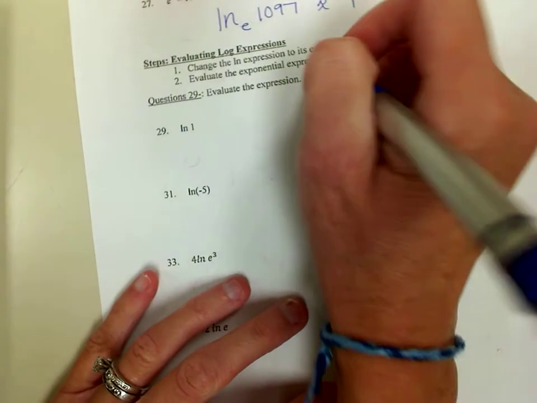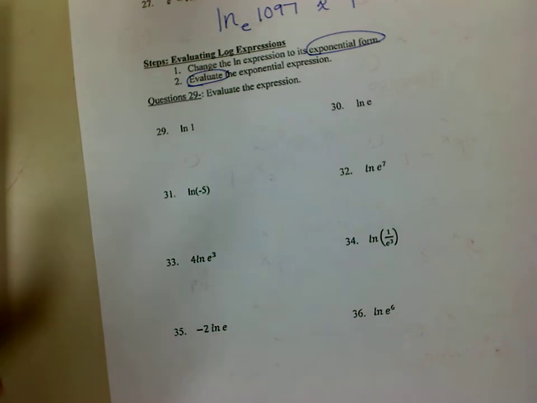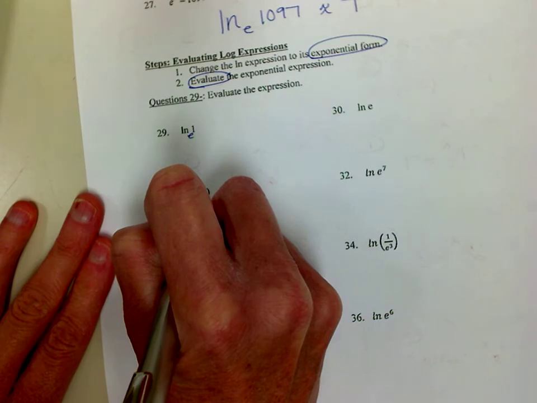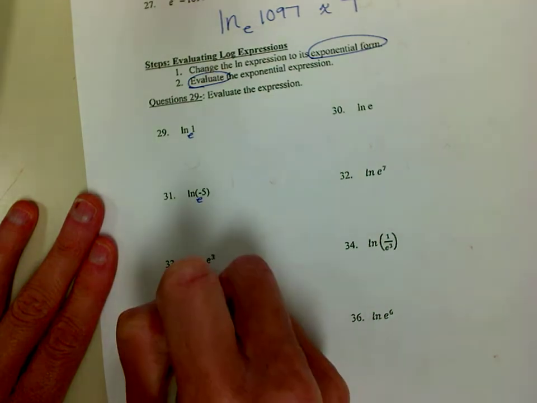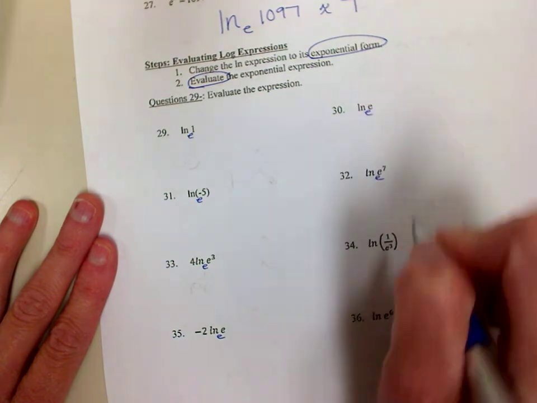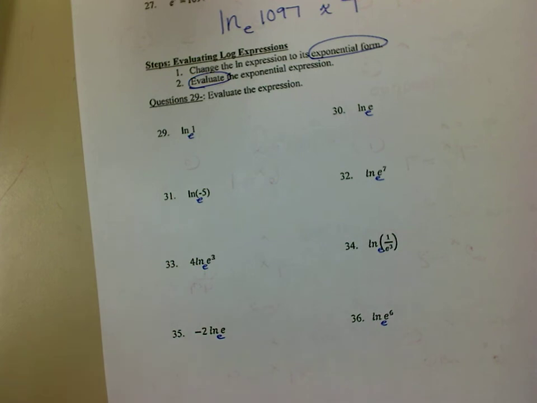Okay, so the last section we are going to change to exponential form, and then we're going to evaluate. These are all natural logs, which means my base for all of these is e. So I'm going to write those in there. This doesn't have a base, so it's really an e.